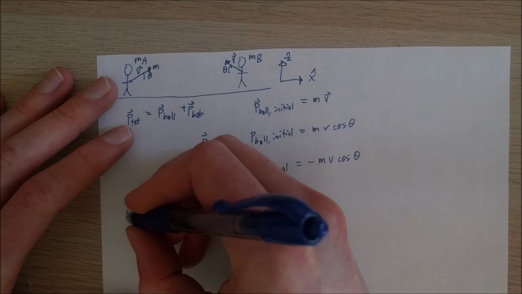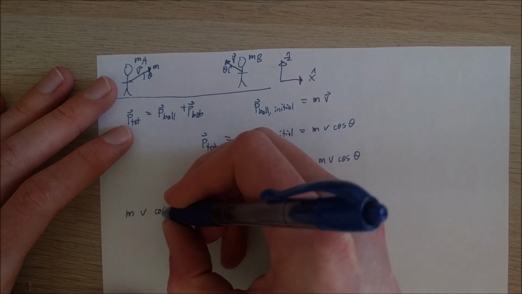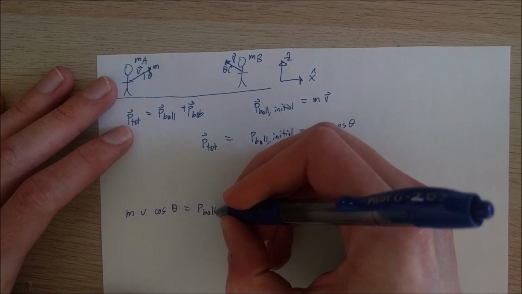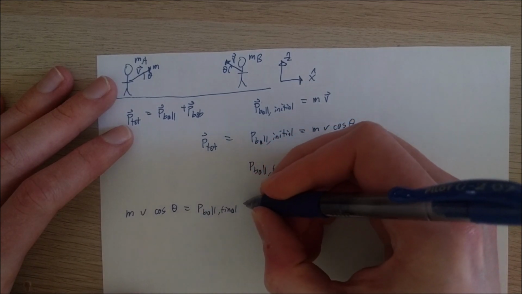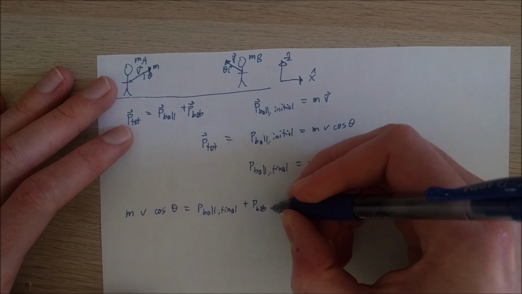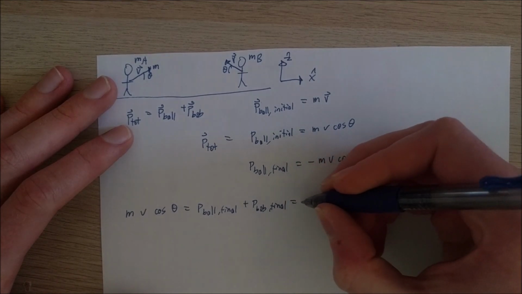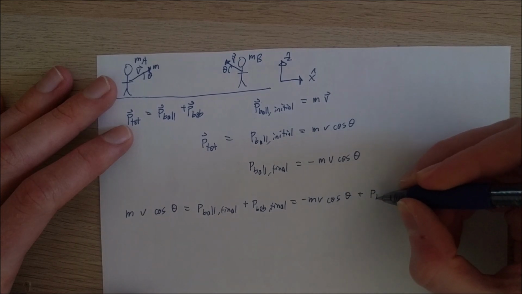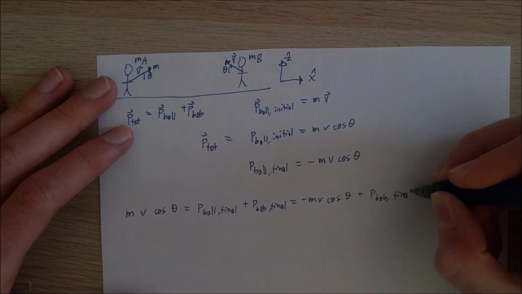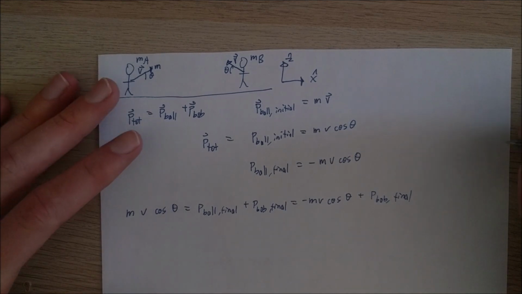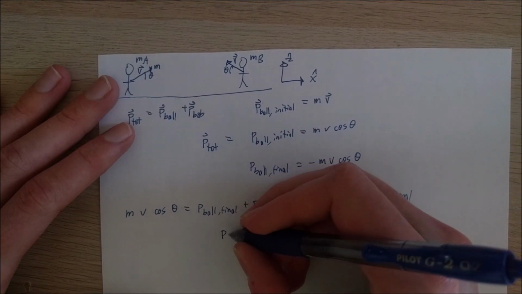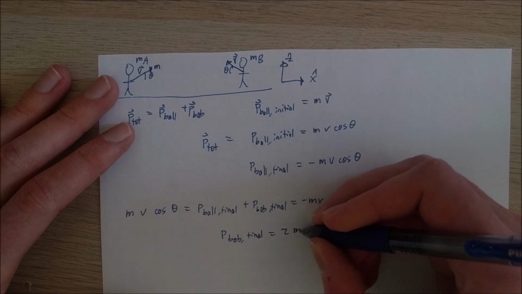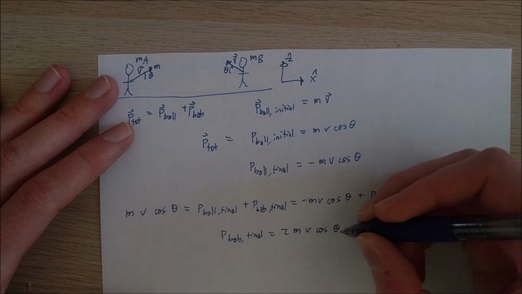So our initial momentum, mv cosine theta, equals P_ball final plus P_Bob final, which equals negative mv cosine theta plus P_Bob final. Rearranging this, we get P_Bob final equals 2mv cosine theta.